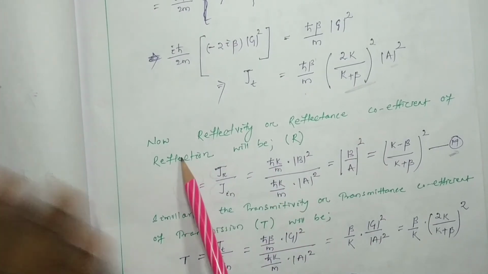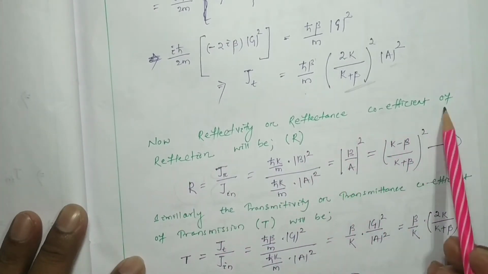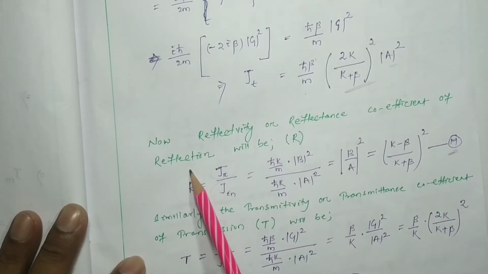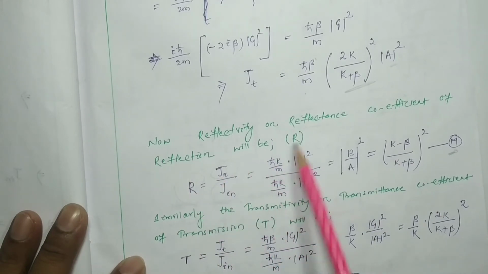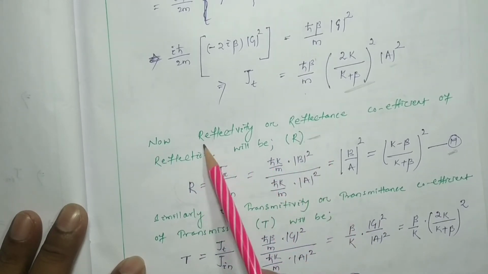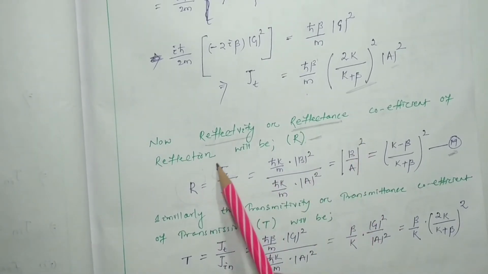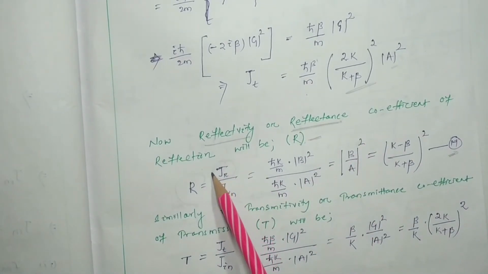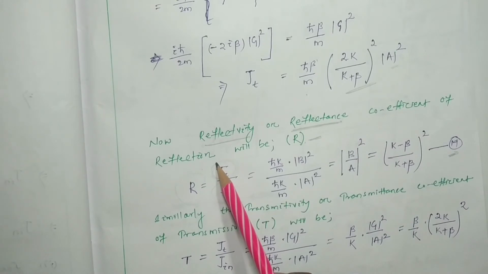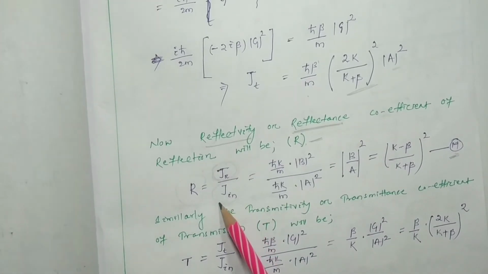Now the reflectivity or reflectance, the coefficient of reflection, that is R. Reflectivity means the ratio of the reflected probability current density divided by the incident probability current density.